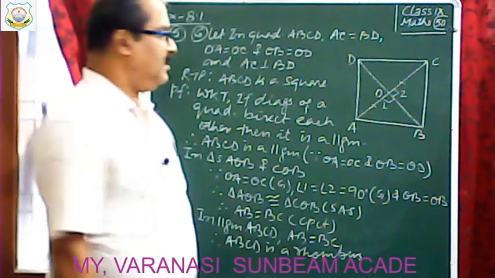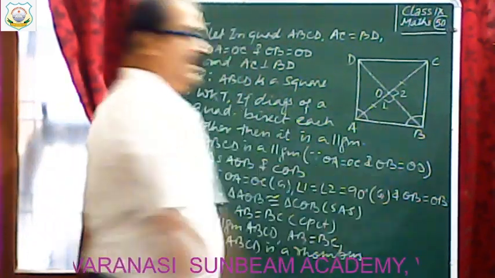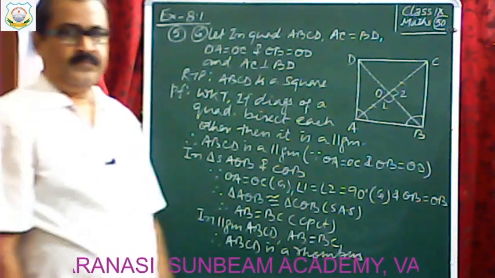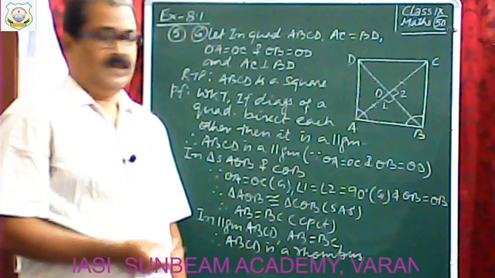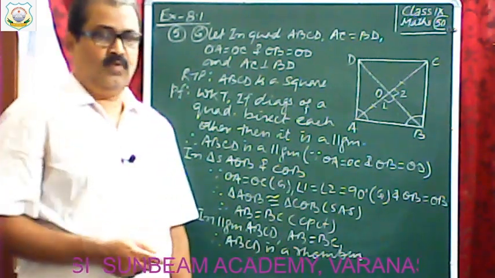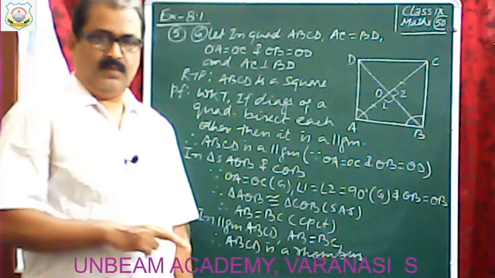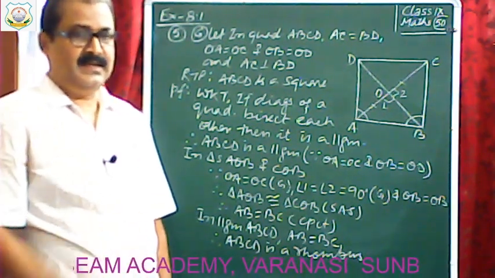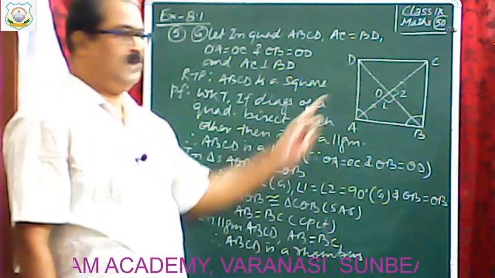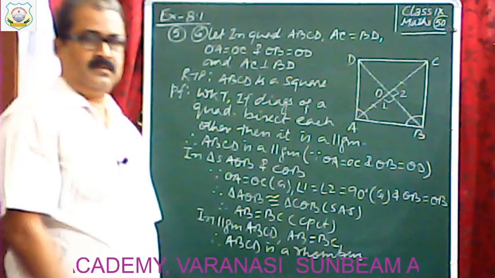Then angle A equal to angle B by CPCT, but these are adjacent angles of rhombus. Then angle A plus angle B equal to 180 degree. So angle A, angle B both are equal and sum of them is 180 degree. Then each angle is 90 degree. In this way, you have to show one of the angles of rhombus is 90. Then it becomes a square.